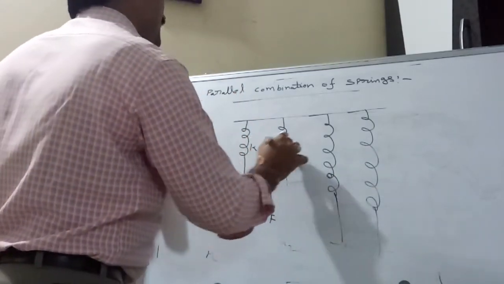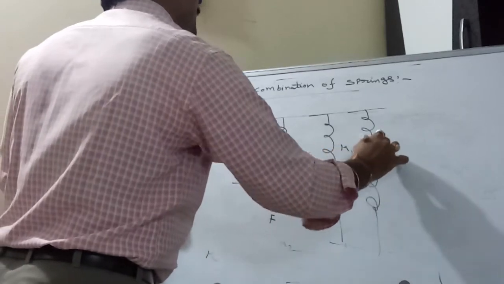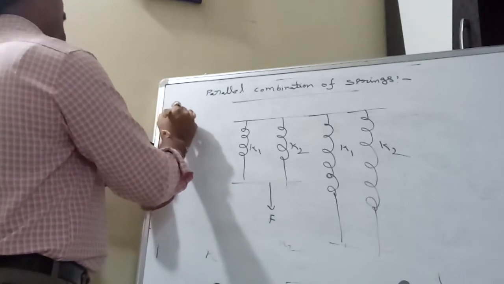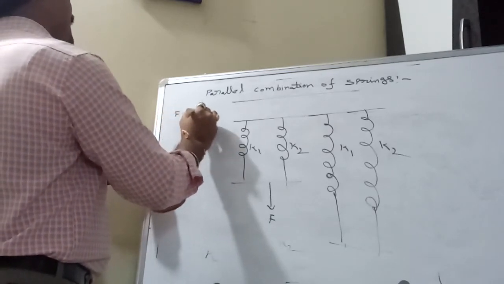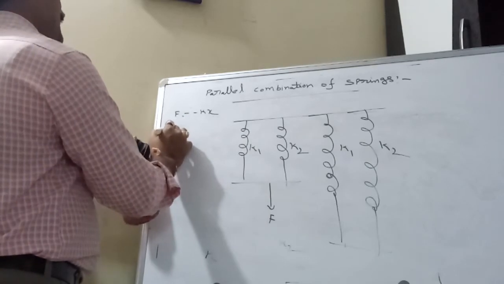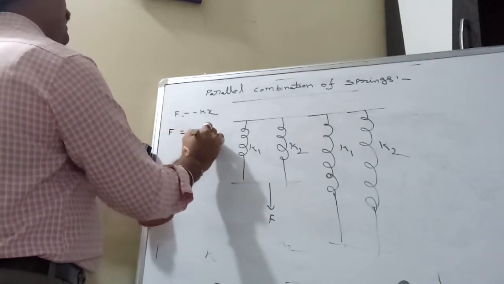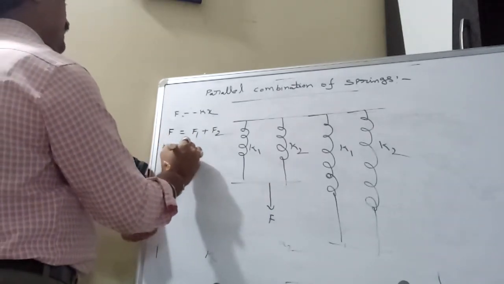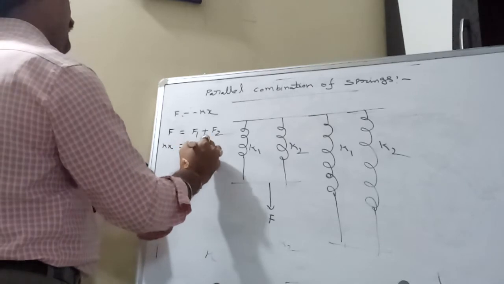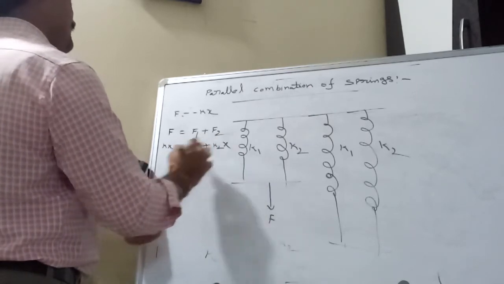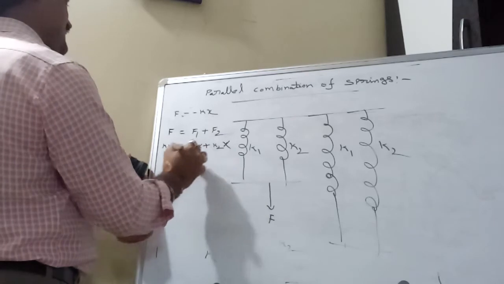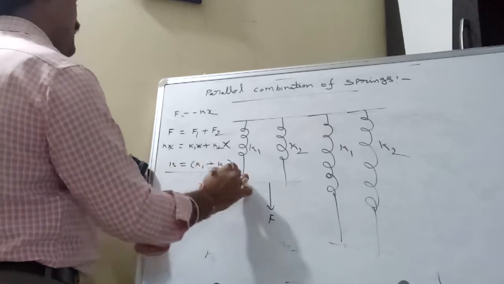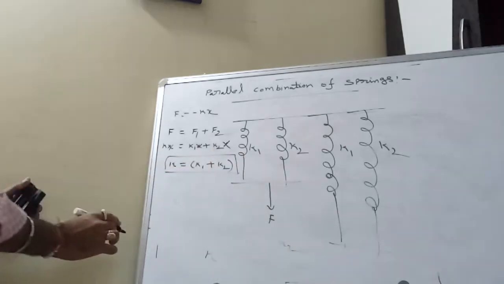K1, K2 are the spring constants. The resultant force F is equal to F1 plus F2. So kx equal to k1x plus k2x. Both sides x cancel. So K is equal to K1 plus K2. In parallel combination, spring constant K is equal to K1 plus K2.